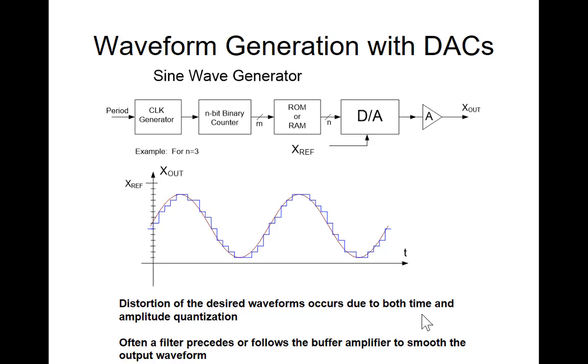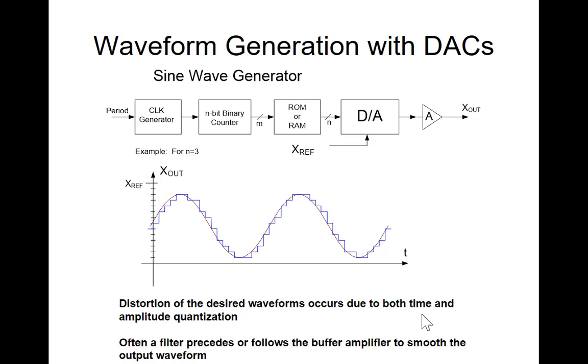We oftentimes precede or follow with a buffer amplifier to smooth out these time domain and amplitude quantization effects.